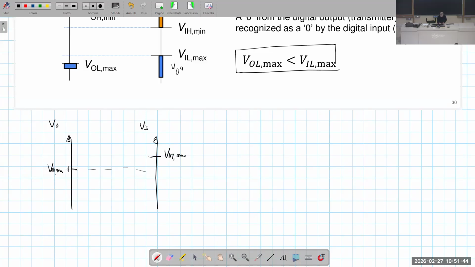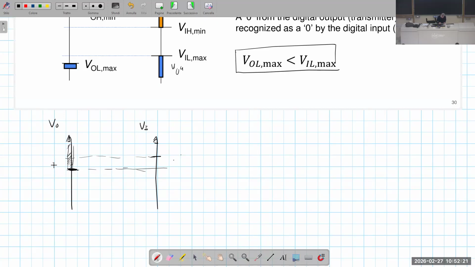If the output of the first gate delivers this voltage here, actually it can deliver any voltage above. It's guaranteed that the voltage is above VOH minimum, so any voltage in this range. Sorry, let me try to write a little more clearly.